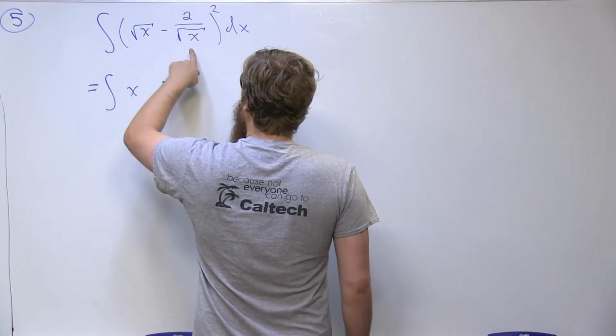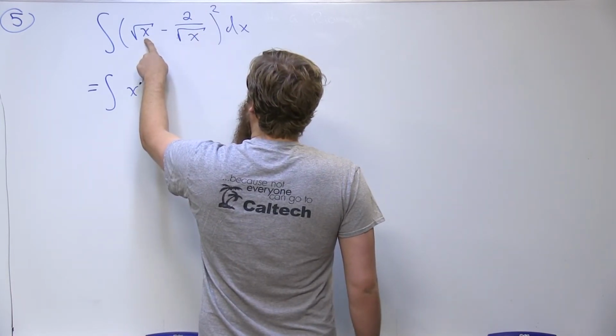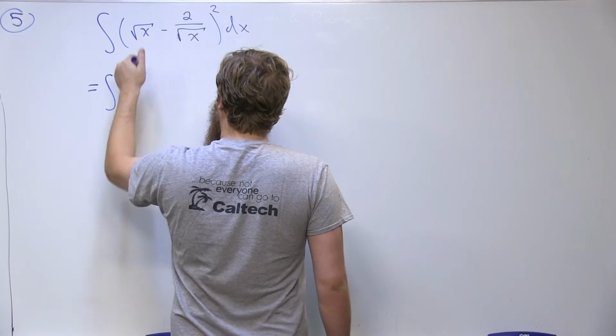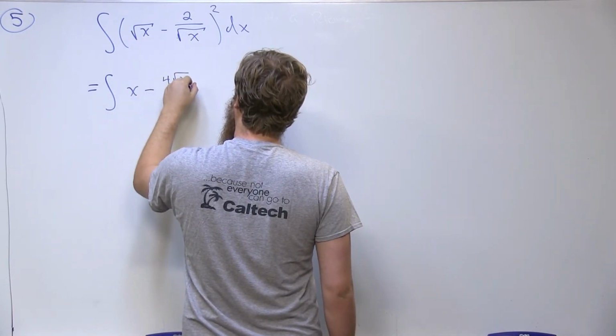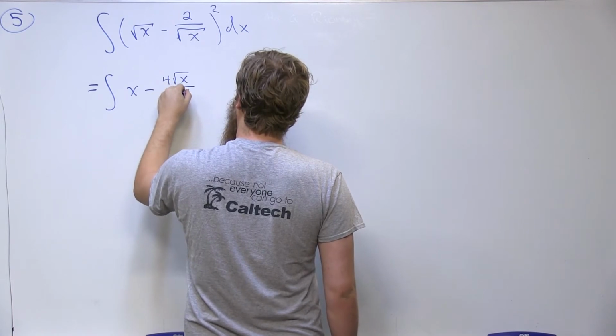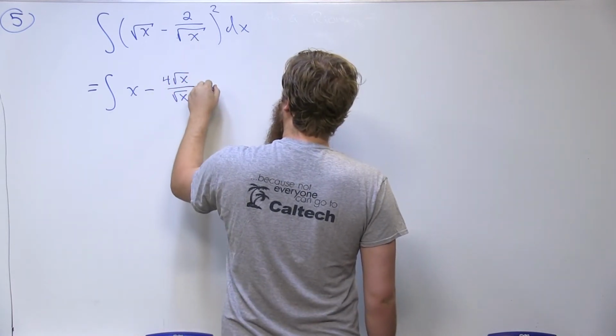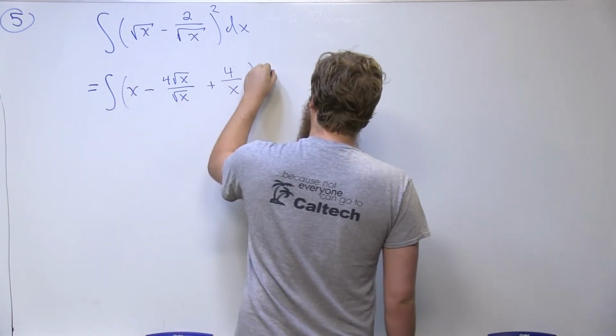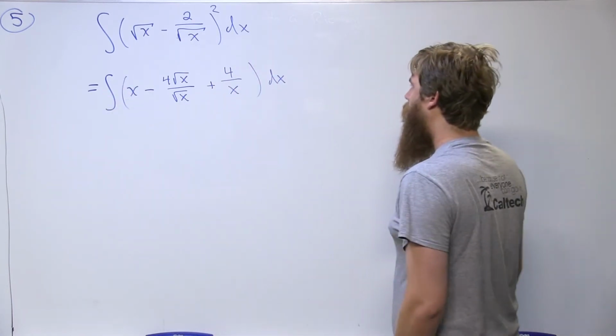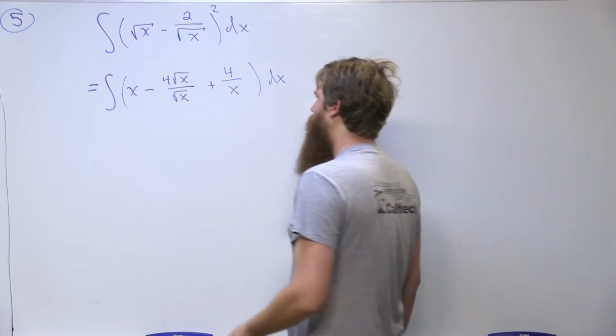So if you square this out, you'll have this squared minus this times this twice, plus this squared. And you can see already that this is going to be quite nice.